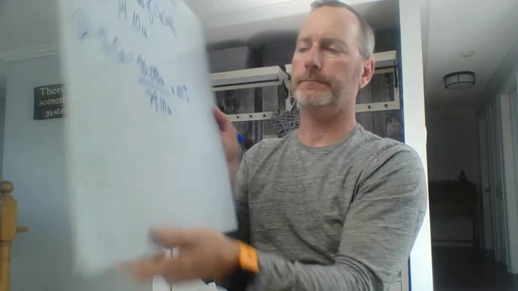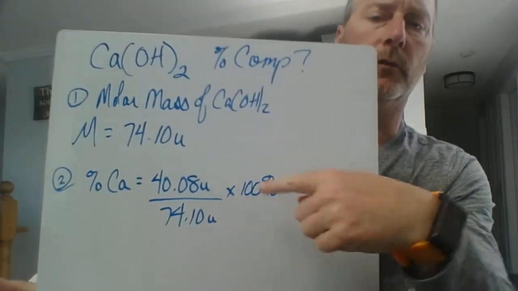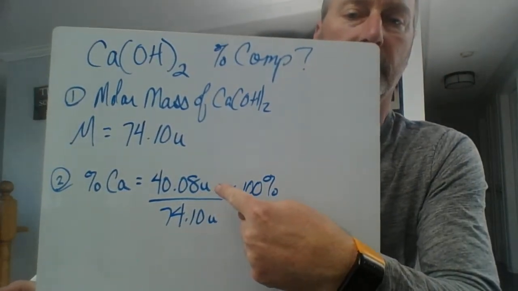So then step two is the percent of, let's use calcium first. And calcium is 40.08 divided by 74.10. These numbers: 40.08, I get that from the periodic table.